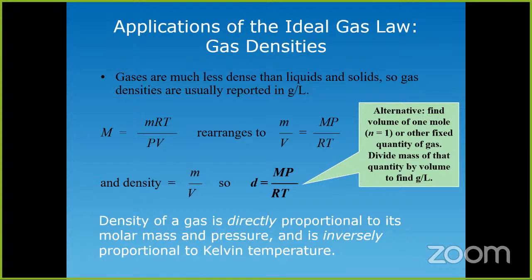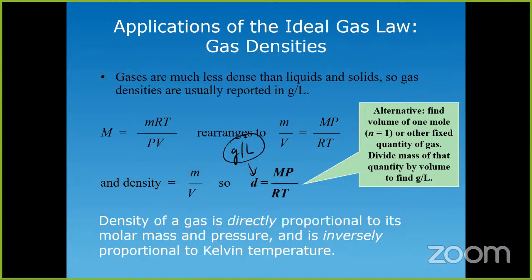One more thing before I leave this slide: if we use all the appropriate units we talked about before, molar mass in grams per mole, pressure in atmospheres, T in Kelvin, and R in the units I indicated earlier, then the density units would be grams per liter.